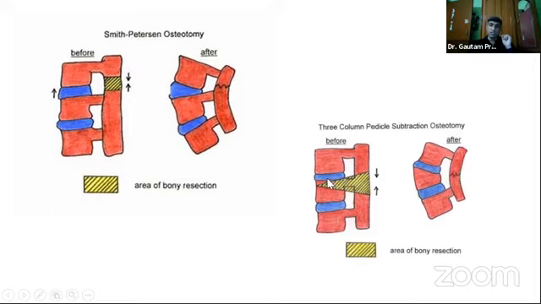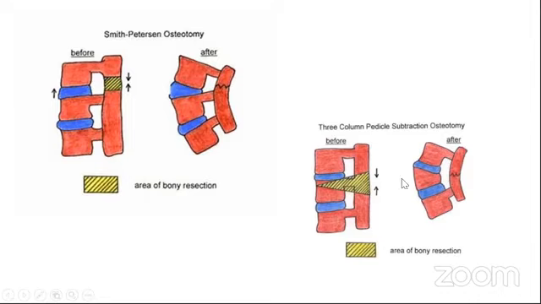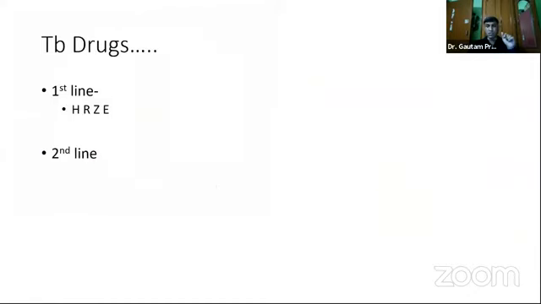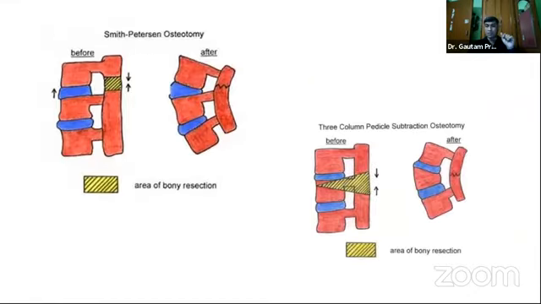One can achieve a correction of even up to 25 to 40 degrees at each vertebral segment. So depending on how significant the deformity is to begin with, one can choose the type of procedure. And in the most severe cases, one has to do a total vertebral excision, which is called PVCR, or posterior vertebral column resection osteotomy.